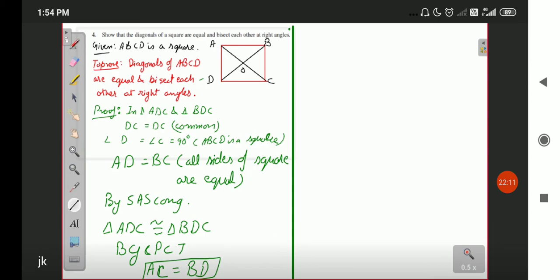So, we will start with in triangle AOD and triangle AOB. Once again, like we did previously, but this time angles are not equal. In these two adjacent triangles, what is happening is AO length is equals to AO length, that is common.